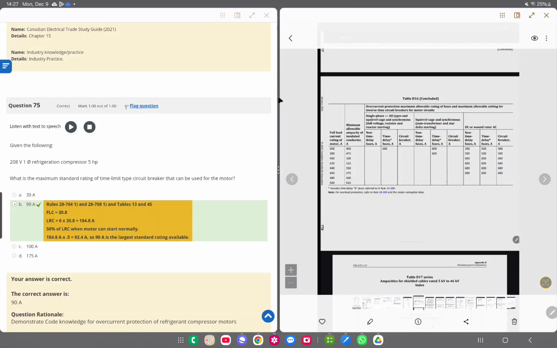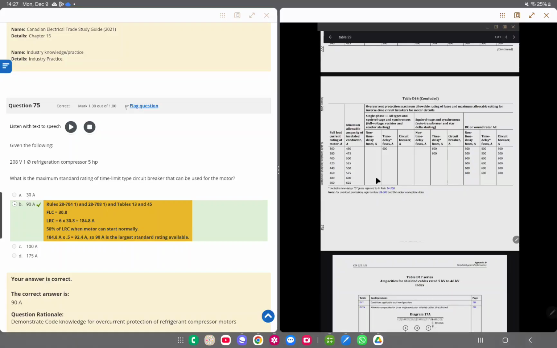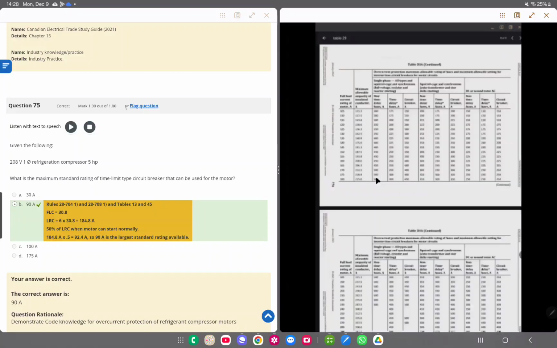All right, so we're gonna go with refrigeration compressor being a cold motor, 208 volt single phase.